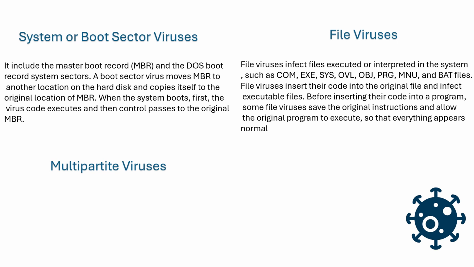I'm talking about executable files here, meaning files that we can run. Before inserting their code into the program, some file viruses save the original instructions and allow the original program to execute so that everything appears normal.